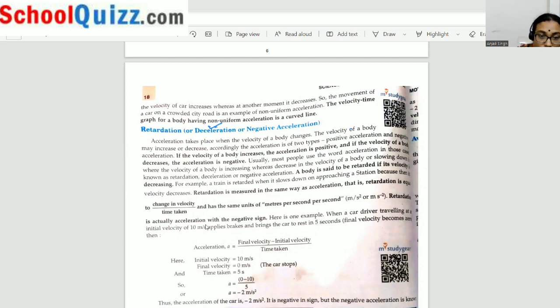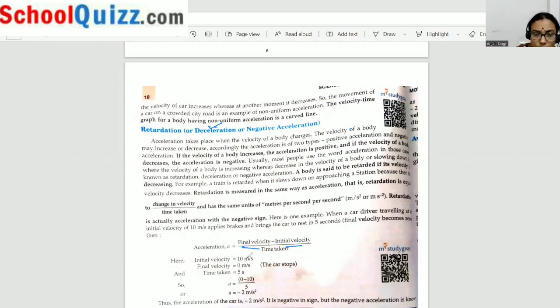Here you can see the final velocity. I told you in this video that sometimes the final velocity will be lesser than the initial velocity.